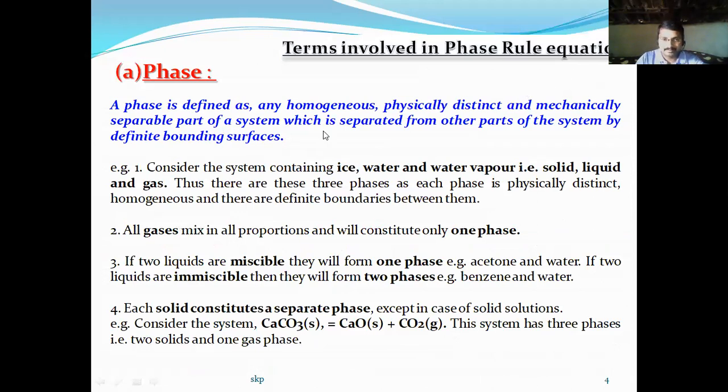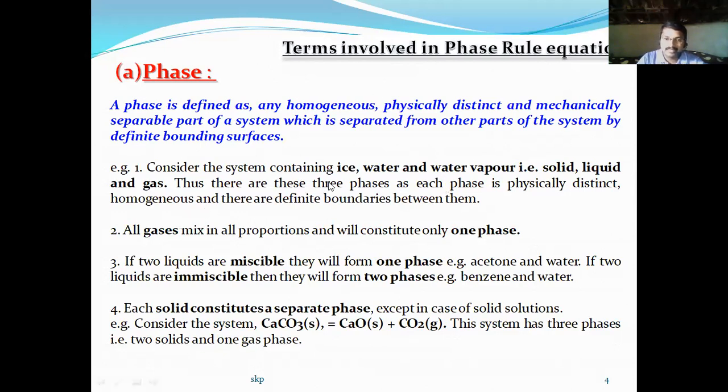So, what is phase? Phase is defined as any homogeneous, physically distinct, and mechanically separable part of a system which is separated from other parts of the system by definite bounding surfaces. So, simply, phase is nothing but a physically and mechanically distinct part of a system. Through examples we can understand this.